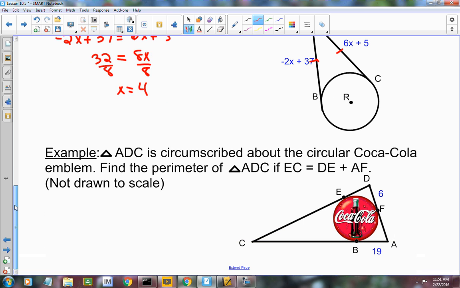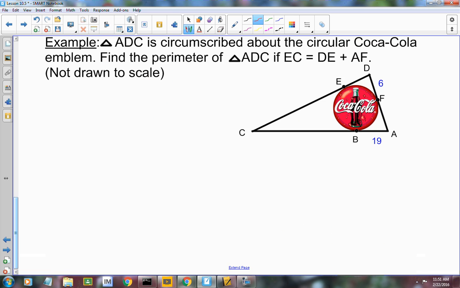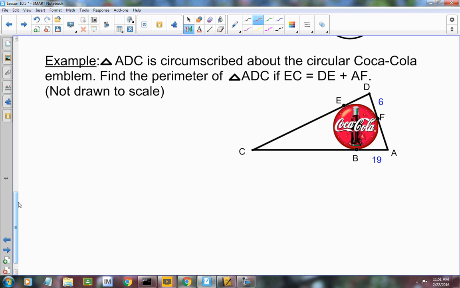All right, last one. Okay, in this one, it says that triangle ADC is circumscribed about the circular Coca-Cola emblem. Now, when we talked about how to circumscribe a circle about a triangle, in this case, it says the triangle is circumscribed about the circle, okay?